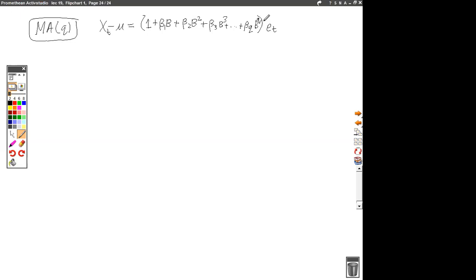So again, we have to remember that MA processes are always stationary.